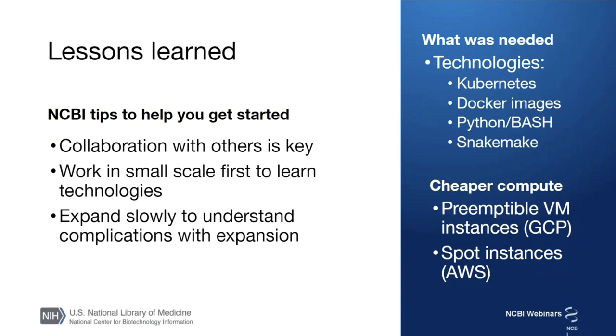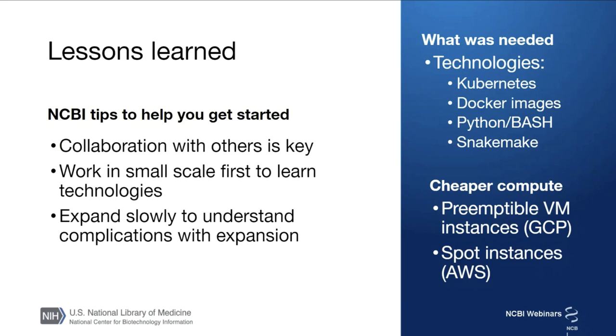If you want to know what technologies we used in our computation approach, that was Kubernetes and Docker images for the tools. There was some scripting using Python, Bash and Snakemake. These are not the only cloud technologies available.